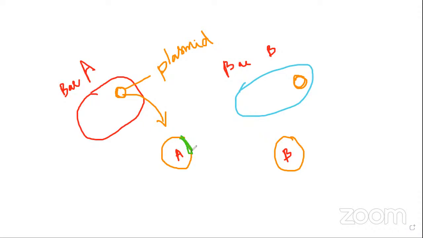Take an example here, 100 to 120, like that you can imagine. This is a 100 gene or nucleotide, and this one is 125, in between these nucleotides. This is one of the parts.